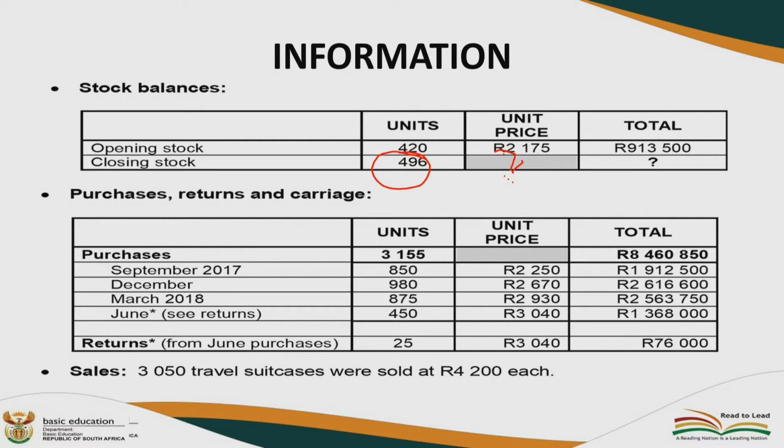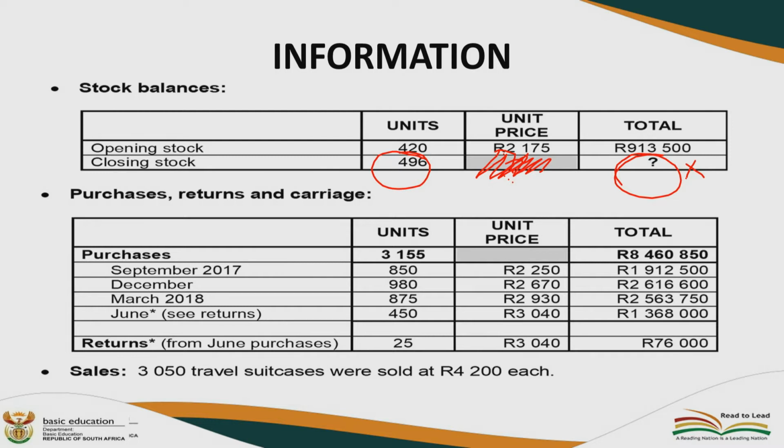Once you can get the unit price, it was going to be easy. But since I did not give you this one, please help me solve this problem. Of all the units that we purchased, we are now left with 496.